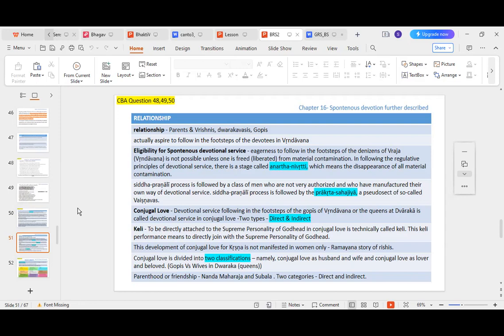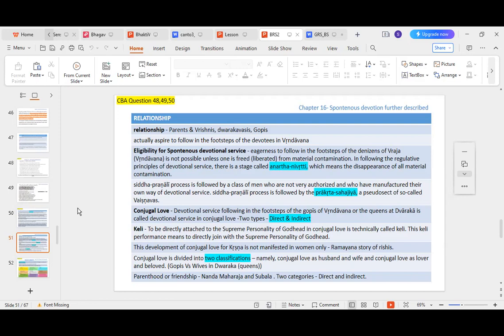Anartha nivritti only gives a door, a way by which somebody can take up bhava and prema. But after that, there is a very specific caution where Rupa Goswami mentions something called Siddha Pranali.